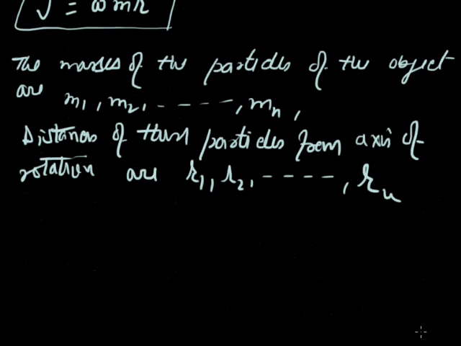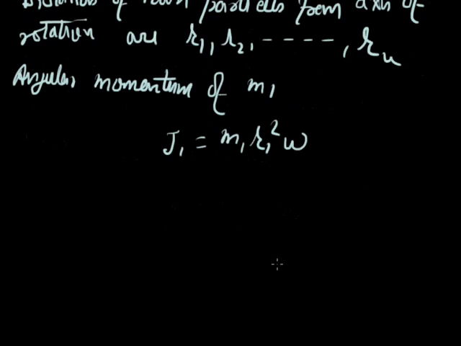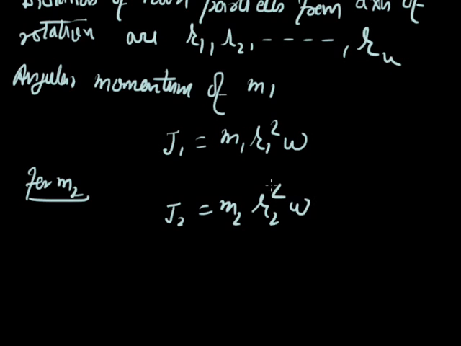Then we can easily find the angular momentum of the particle having mass m1. Angular momentum of m1, that's j1, will be m1 r1 square omega, and omega in rotational motion will be same for each particle. For m2 it will be j2, that will be m2 r2 square, but omega is same.